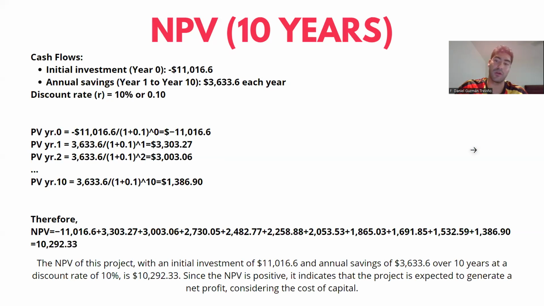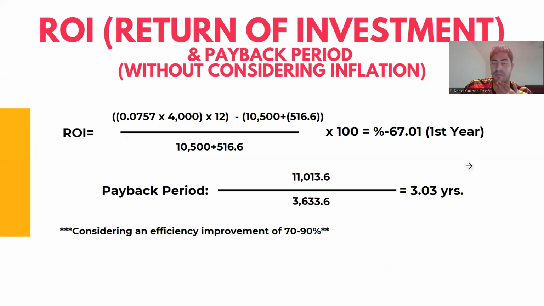But how much time until this is going to be profitable? This is why we did an ROI formula, or return on investment, and a payback period without considering inflation. This right here would be the cost per liter times the savings monthly times 12 for a year, minus the initial investment, divided by the initial investment, times 100.